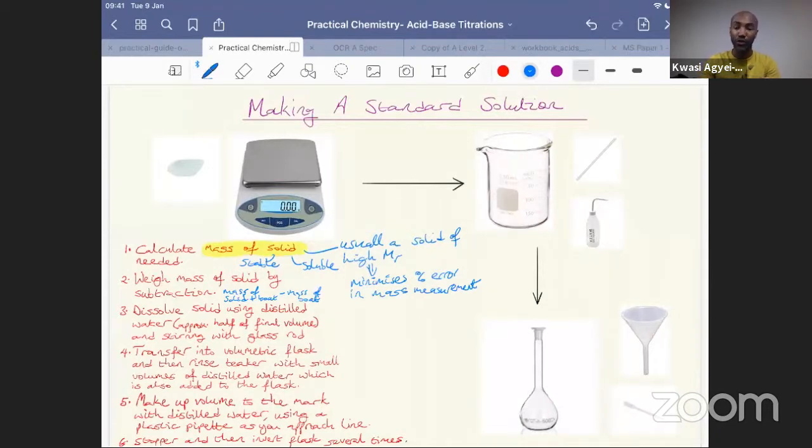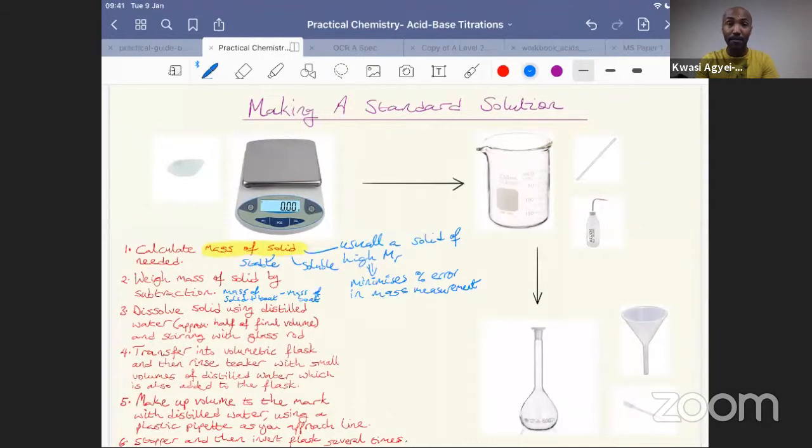Okay, so you're going to dissolve your solid in your distilled water, but you're not going to add the maximum volume of water required immediately. You need to dissolve it in a volume of water that is significantly less than what the total volume is going to be.